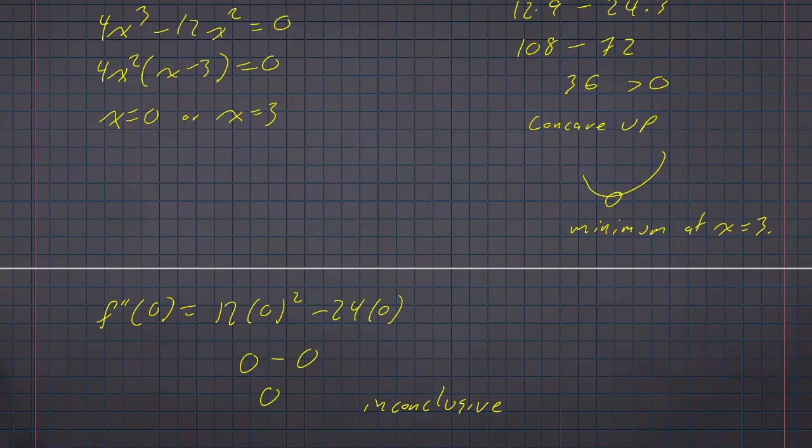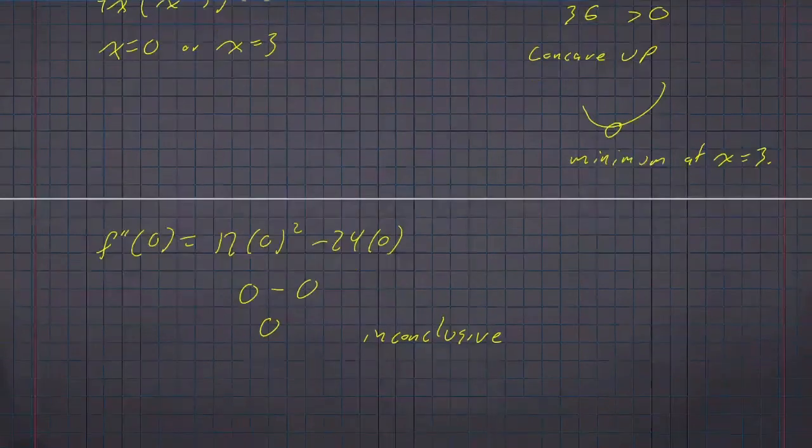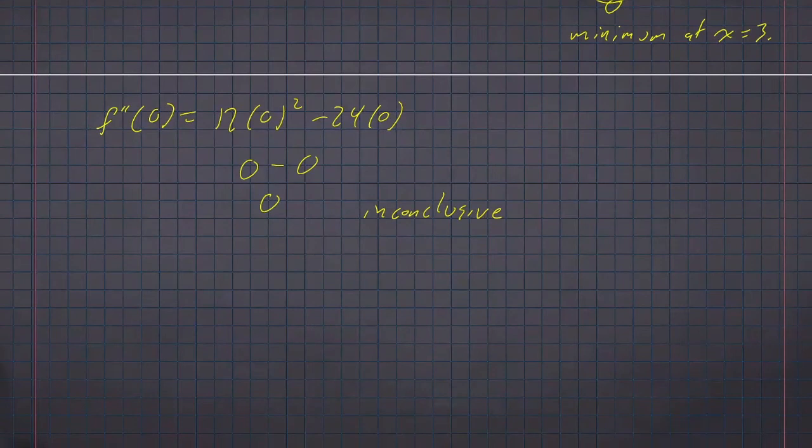And because the second derivative test is inconclusive, we do have to go back to just setting up and testing in the general vicinity of 0. Test f prime at, say, -1 and at +1.